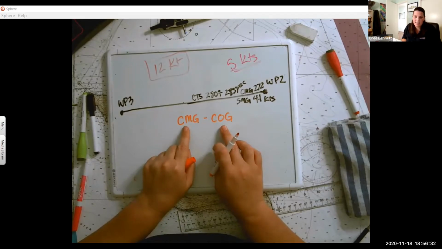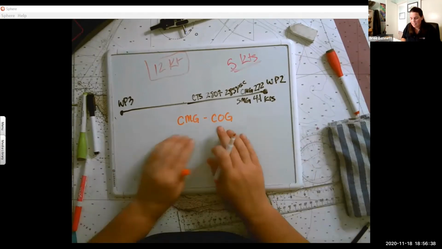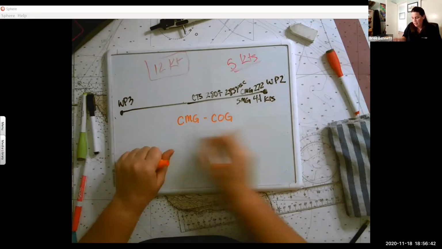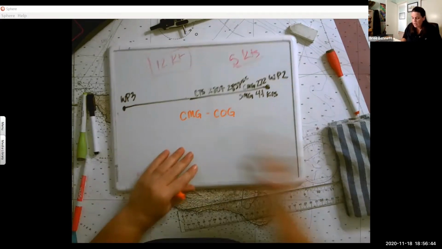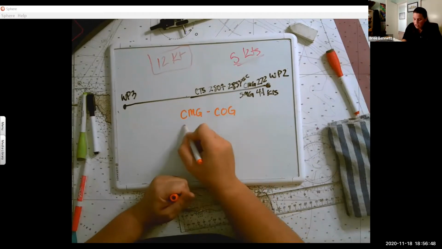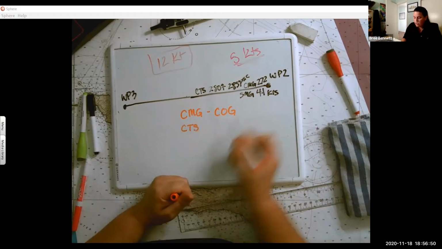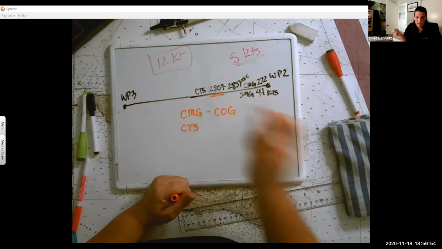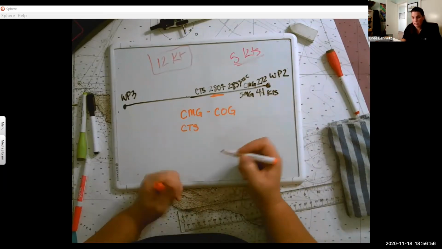Does your GPS say CMG or COG? Different GPSs will call it different things, and then you'll just go with whatever that is. That's how I've seen it a lot. And then you have your course to steer. So that's generally our course to steer, right? We have 280 was our course to steer.